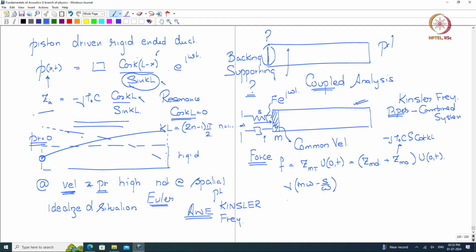So now, to make it more realistic, if we put a little bit of damping, then the imaginary part of this impedance looks like m omega minus s over omega, with s small for the spring, minus the area S rho 0 c times cos k L sin k L by sin square k L plus alpha L squared, where alpha is a damping constant, cos square k L, that is equal to 0.